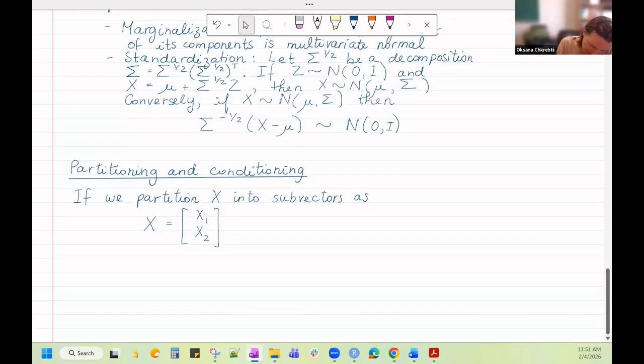We will also define, first I'll tell you what the result is, and I'll explain what the notation means.